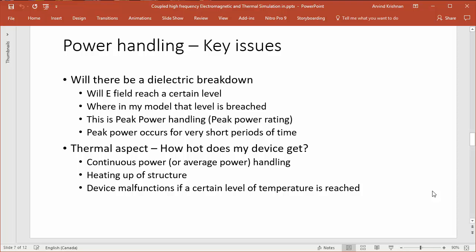And whenever there is heating, if the temperature reached is beyond what is prescribed for the components, then it's always a problem, and it could lead to malfunction of the device, and that's something as designers we would like to avoid.